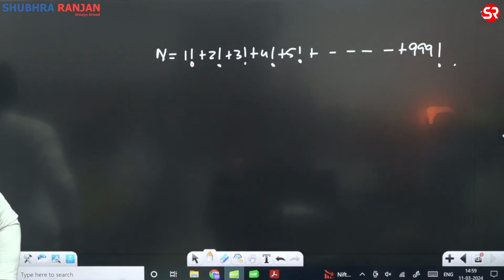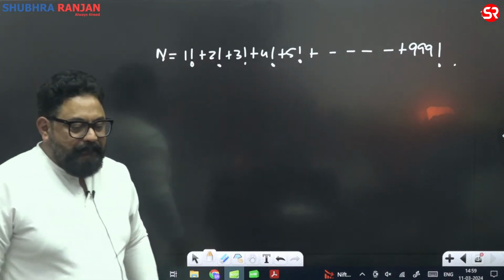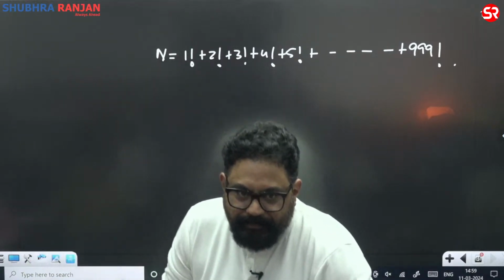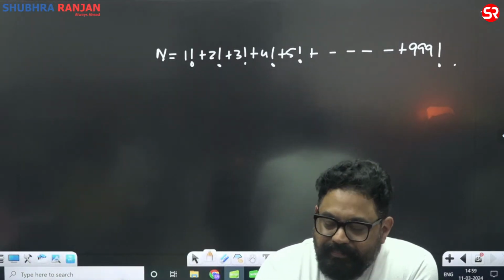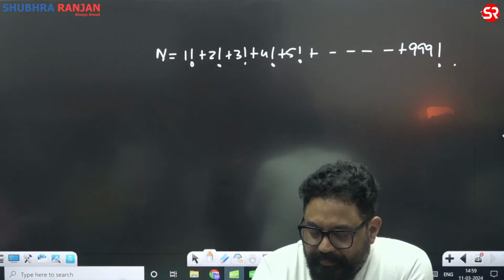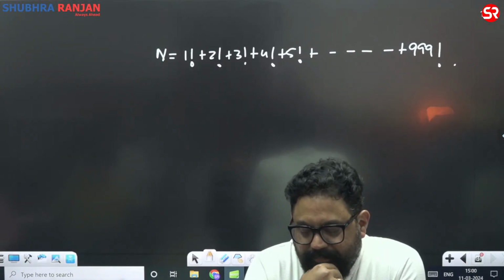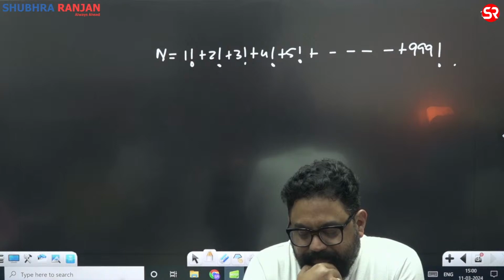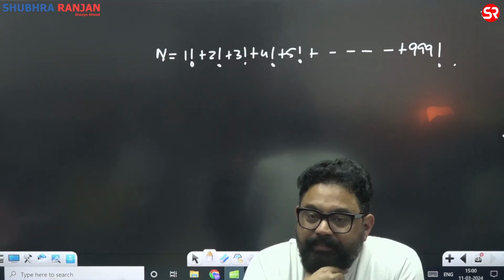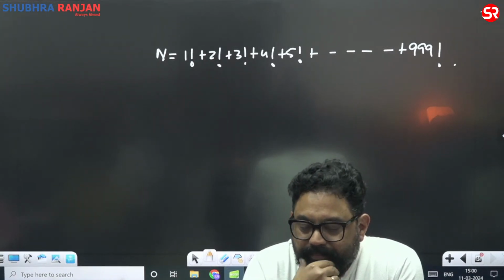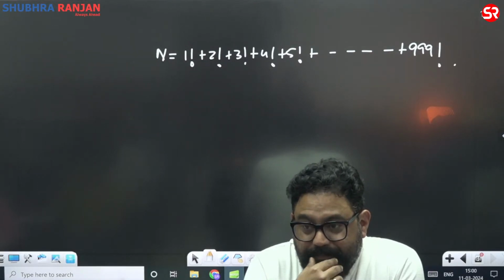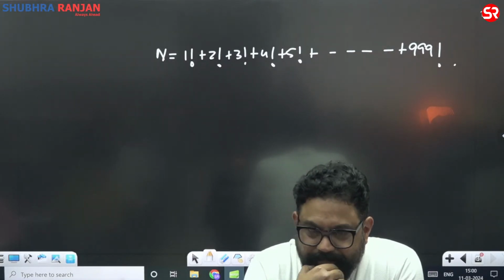What is the remainder when n is divided by 5? Three. Try it.